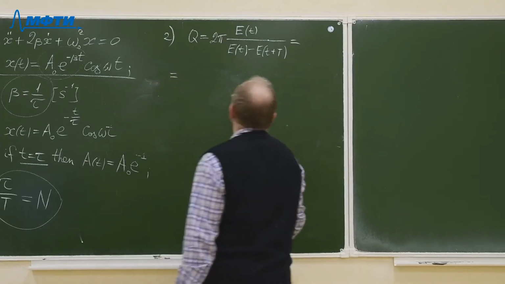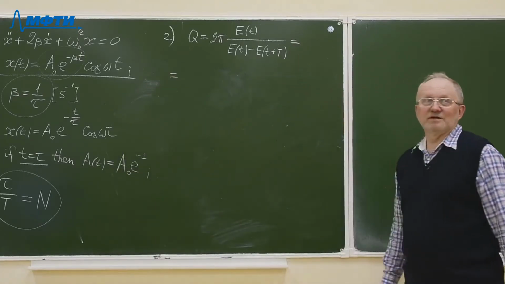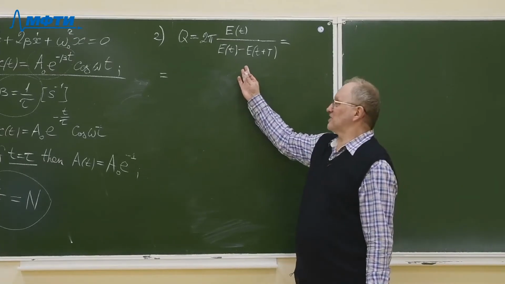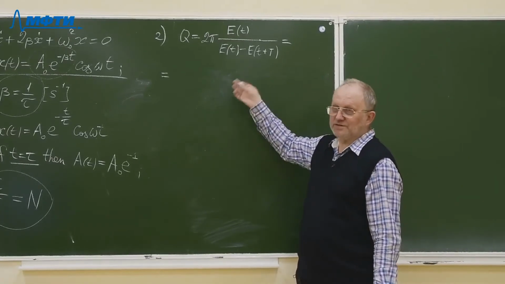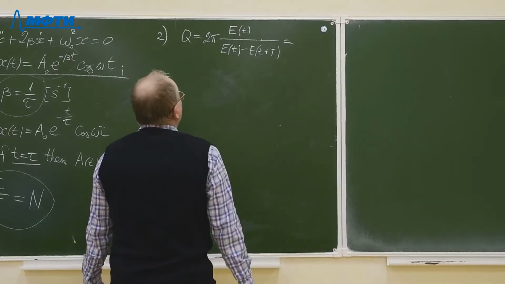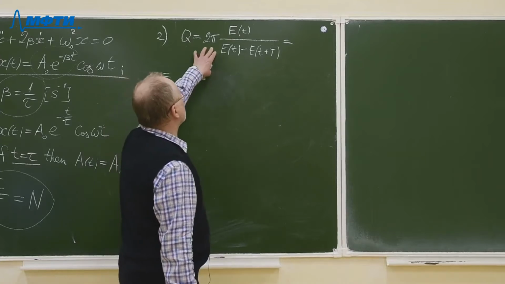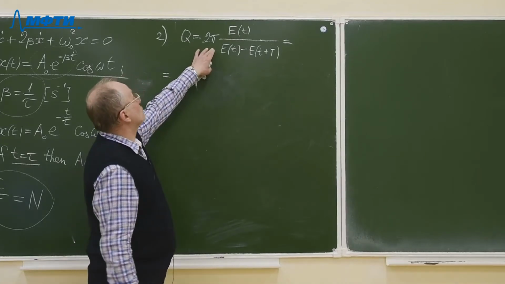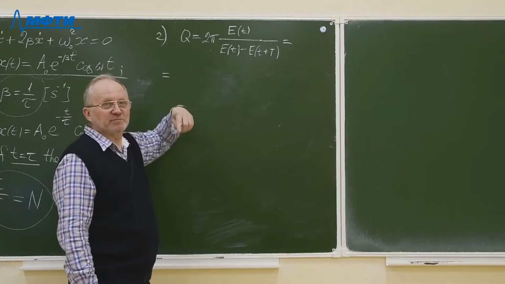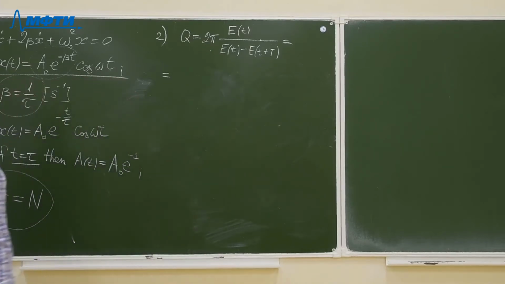By definition, this is not a consequence of some physics law. This is just the definition of a physical quantity. Why 2 pi here? We introduced the 2 pi coefficient here in order to eliminate it in other places. That's it.